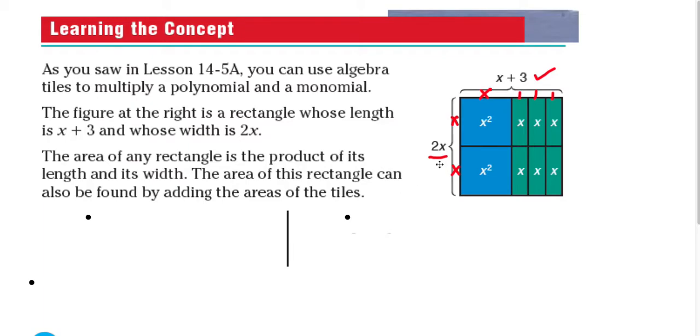If we multiply the length and width, we get the area of this whole rectangle.